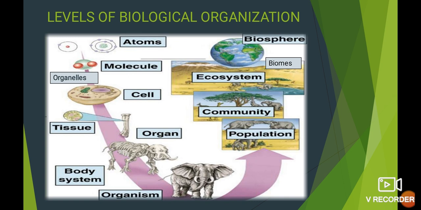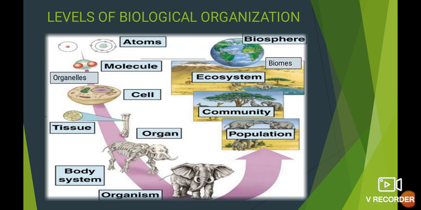Now, if different communities are put together, we can form what we call an ecosystem. An ecosystem, for example, is a forest. In the forest, you can see different species. Take note, different species together are called a community, but if the group is of only one species, it is what we call a population.